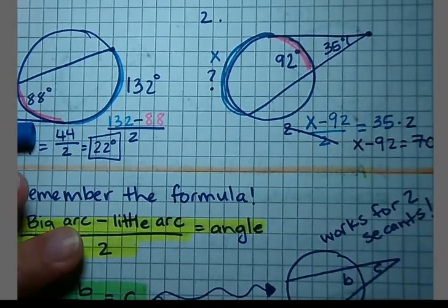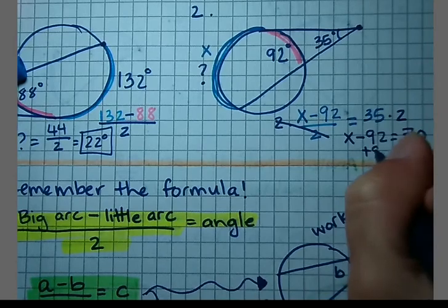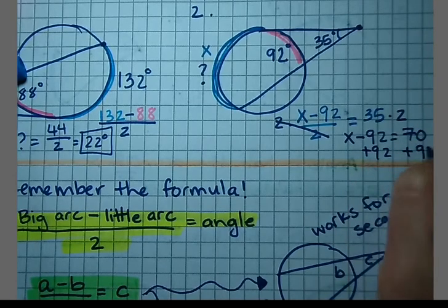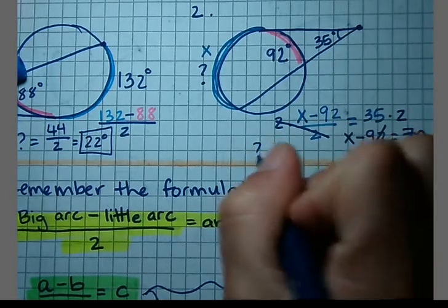And then, since 92 is being subtracted from x, all we have to do to get x by itself is add 92 to both sides. So our answer is 70 plus 92, which is 162 degrees.